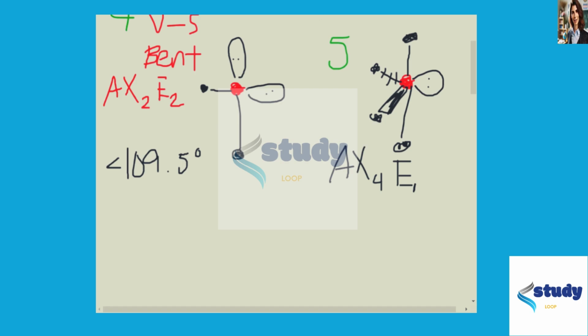It prefers a bond angle of something close to 90, or a little bit less, but close to 90, and 120.